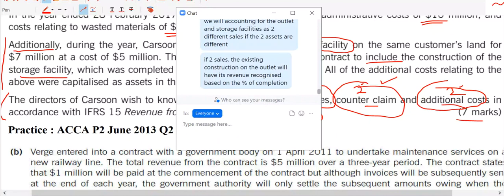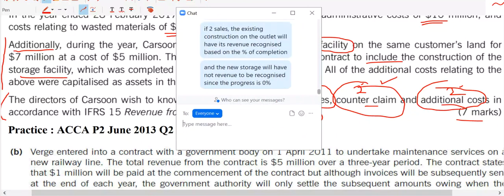If two sales, existing construction will be recognized based on percentage of completion, and the new storage is at 0% now, so no revenue then.